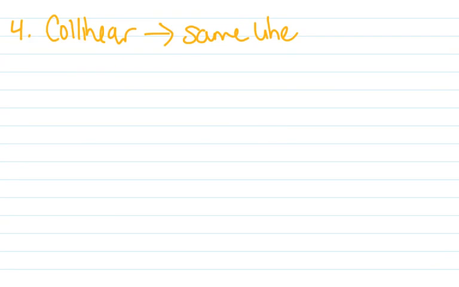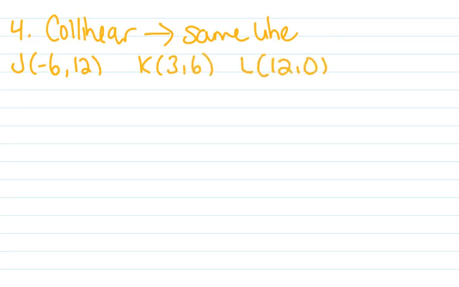So the 3 points are J (-6, 12), K (3, 6), and L (12, 0). So in order to check if they're collinear, if they're on the same line, I'm going to check the slope between each set of points.